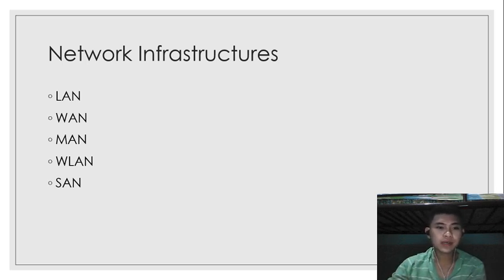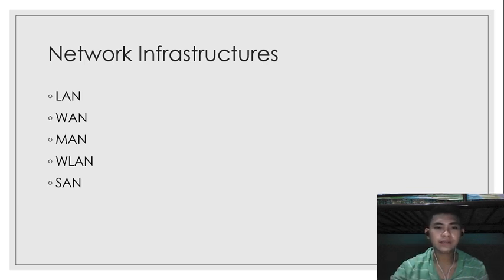Next is the WAN, the wide area network. It is a network infrastructure that provides access to other networks over a wide geographical area. It is typically owned by a telecommunication service provider like Globe, PLDT, and others.